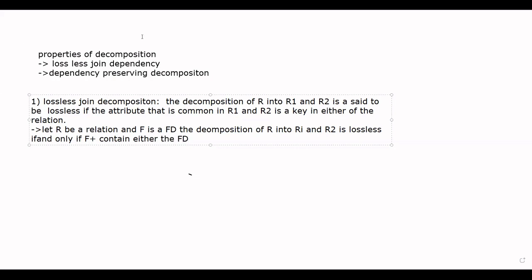Other than that, you have to remember this formula. Okay, this formula is important. R1 intersection R2 tends to R1 minus R2. Then it is R1 intersection R2.